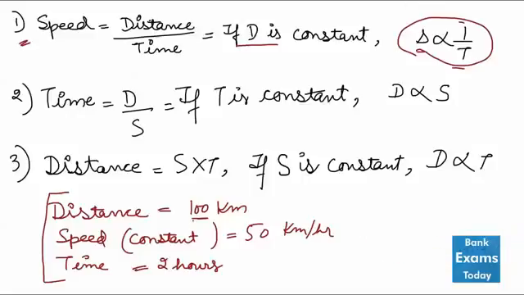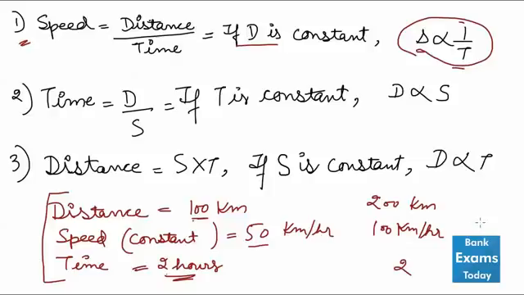Let's do the second derivation. If the time is constant, the distance is directly proportionate to speed. For example, if the time is constant at 2 hours and the speed increases from 50 kilometers per hour to 100 kilometers per hour, obviously the person can cover 200 kilometers in 2 hours.